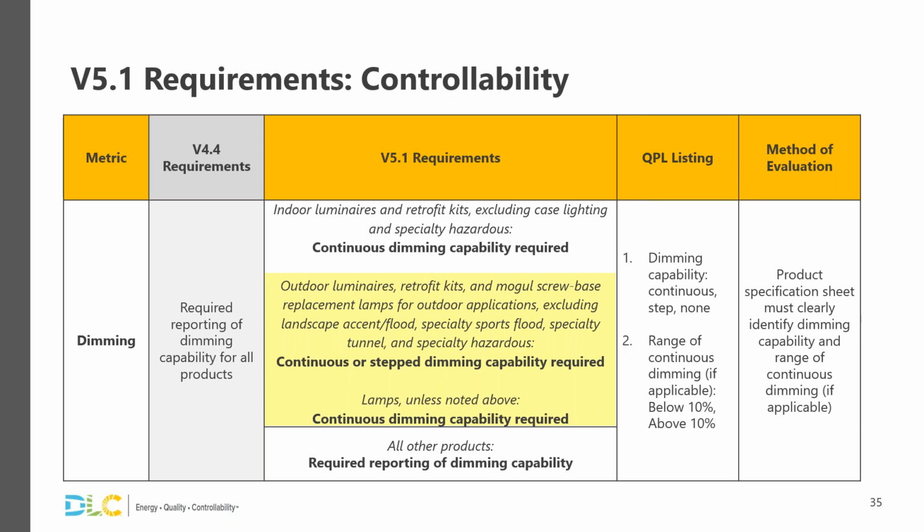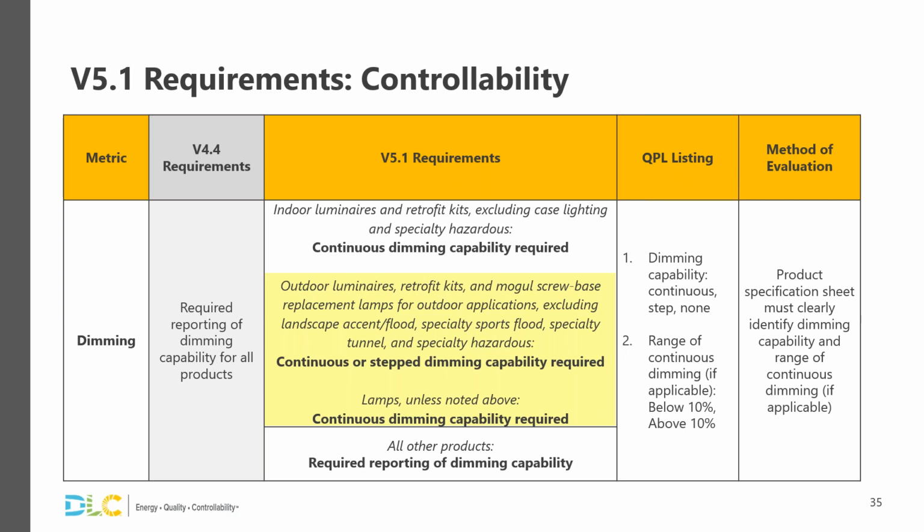Now, it's important to understand how we're defining a dimmable product for 5.0 and 5.1. I would anticipate there are going to be a lot of questions about how do you dim a particular product or application, or how do you consider a product being dimmable.